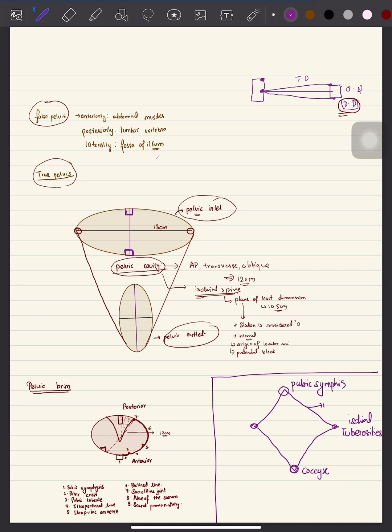This is the pubic arc, and over here would be the sacrotuberous ligament and sacrospinous ligament. This is the pelvic outlet.